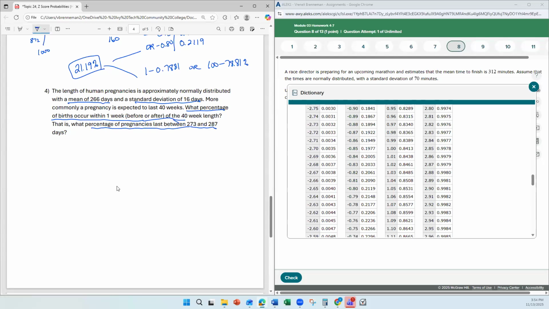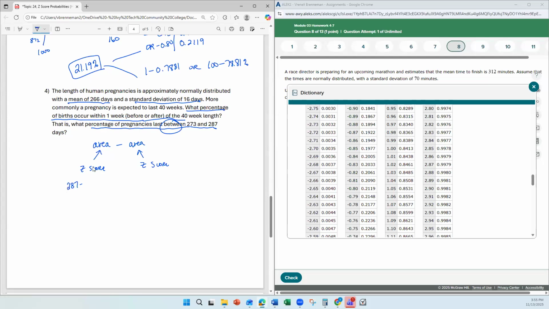So for a between, I need to take an area minus an area. For each area, I need a z-score. So the z-scores, and the higher number is going to be the higher area. So I'll start with that.